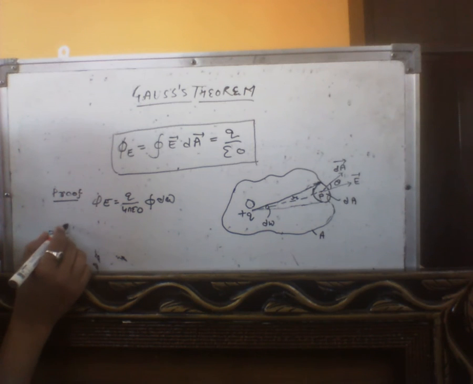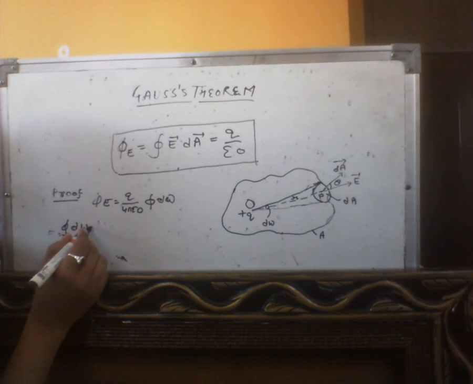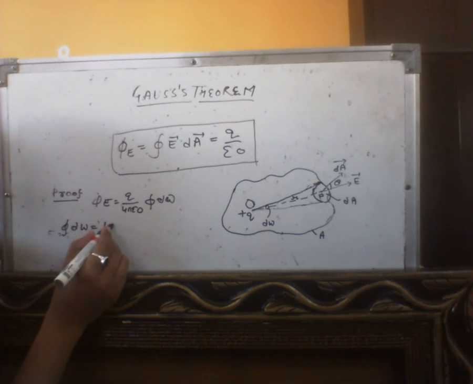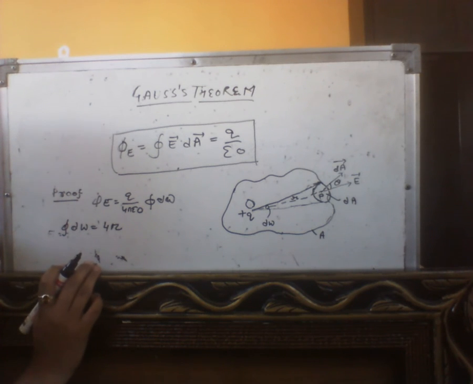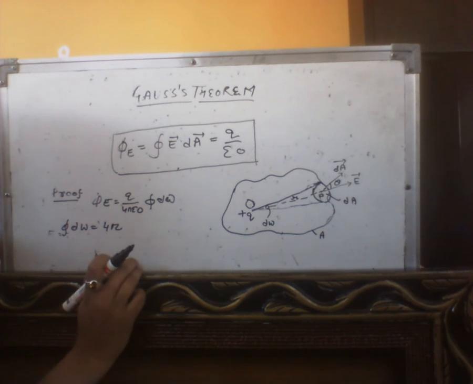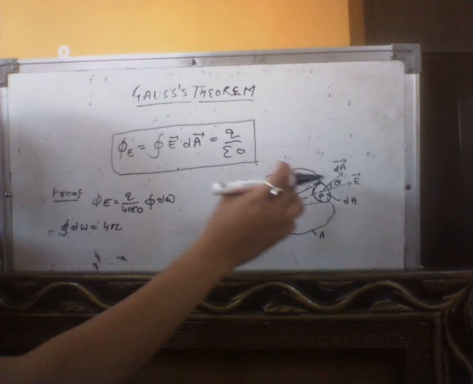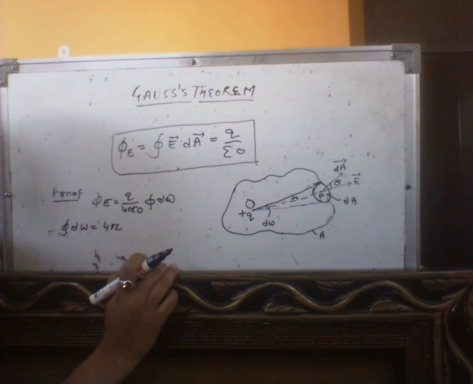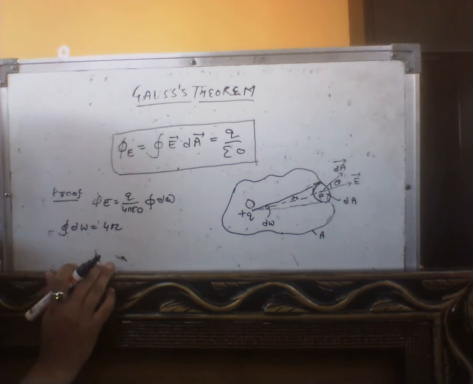Now we know that integration d omega is equal to 4 pi, because the solid angle subtended by the entire surface at point O will be equal to 4 pi.